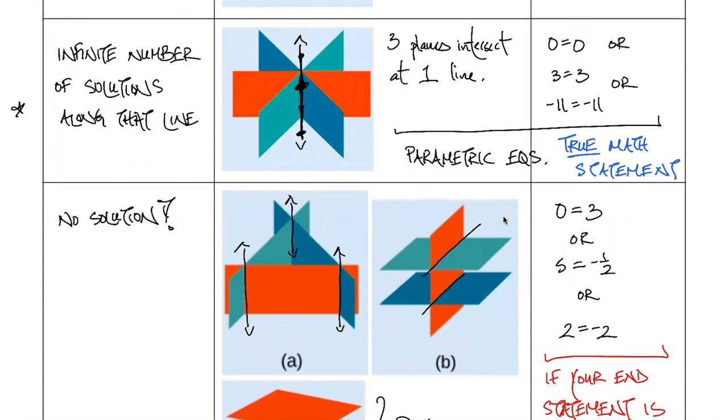It should make sense. And if you get 0 equals 0, you don't panic. You say, oh okay, what I have here is an infinite number of solutions along a single line. And that's the line where all of the planes intersect, okay?